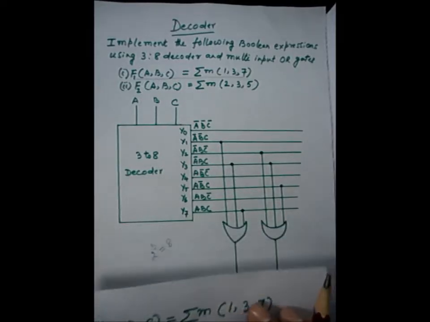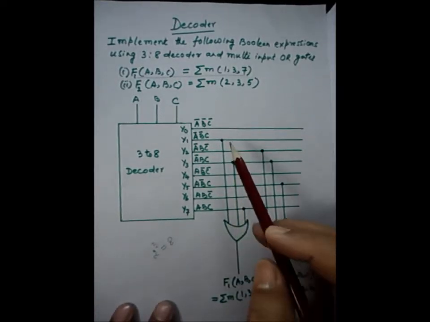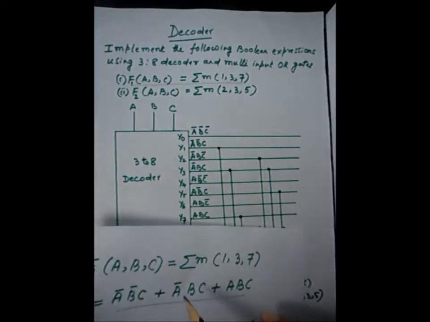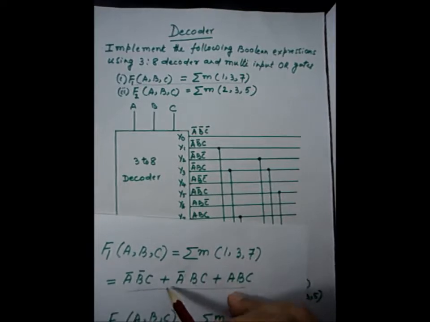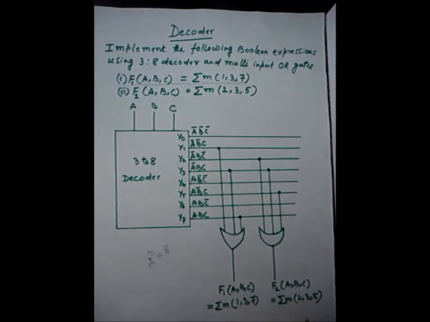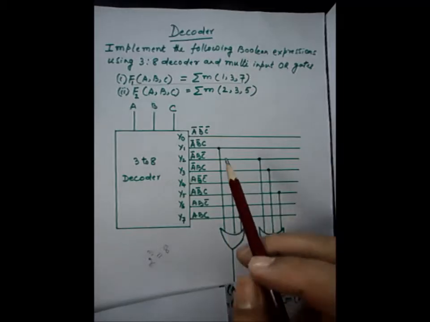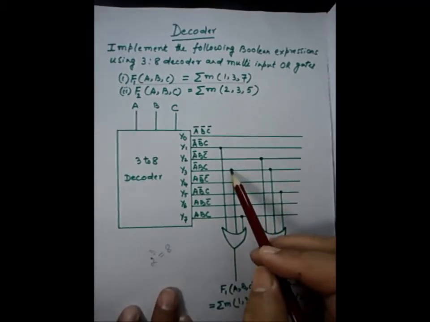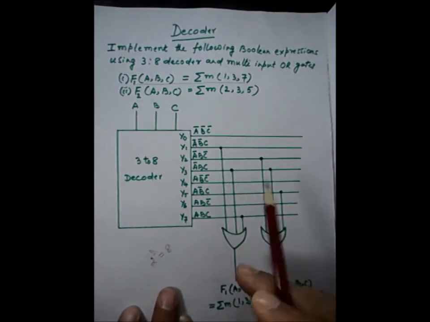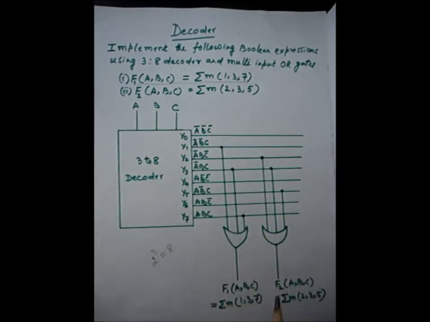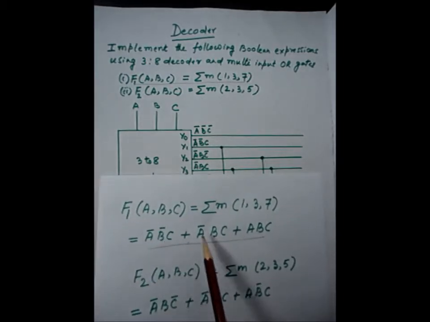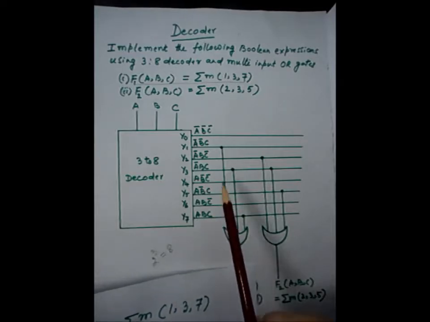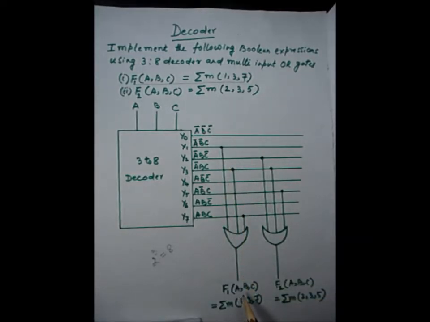Therefore, we have taken the OR, because you can see the plus sign there. So you have to use the OR gate. This is the circuit I have drawn here: this is M1, this is M3, and this is M7. And it is exactly the same expression, the summation of these. Because of the summation, we have to use the OR gate. If any of them is 1, the output should be 1.